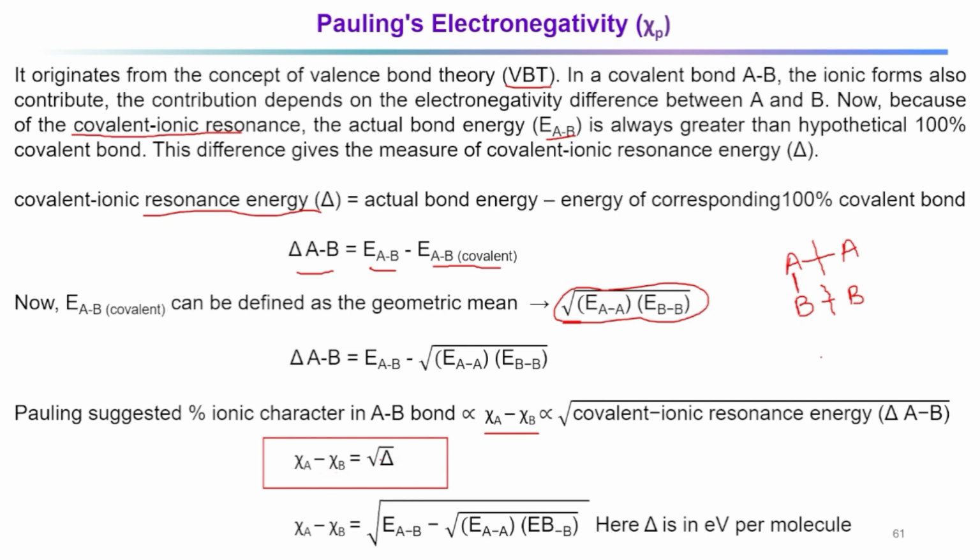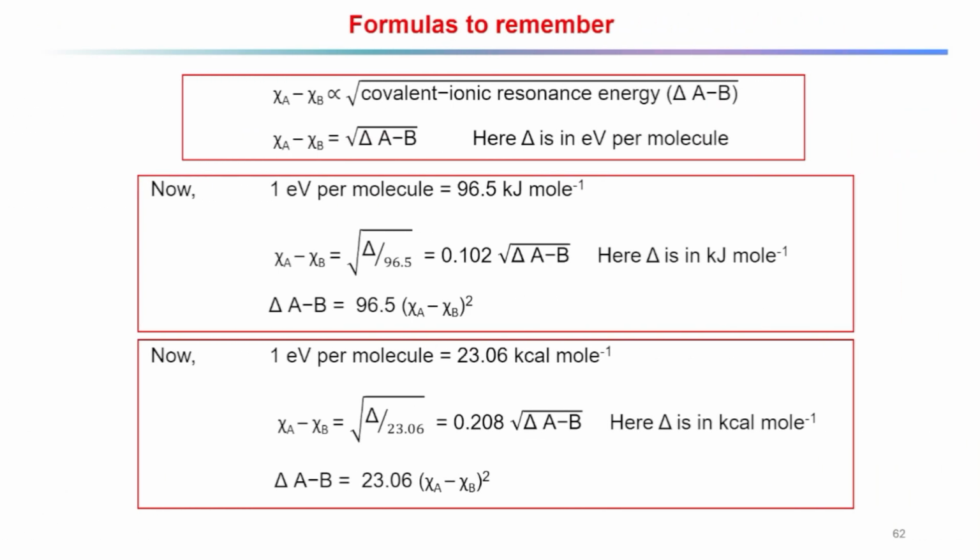So if we put the value of this delta, which is this value, we get chi A minus chi B is equal to this equation. So here delta is in eV, electron volt per molecule. So from there we observe that chi A minus chi B is proportional to under root of the covalent ionic resonance energy delta AB.